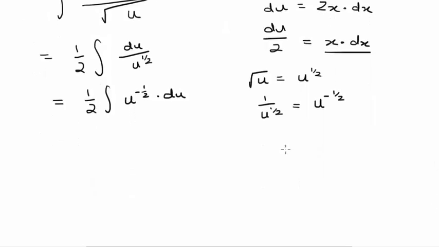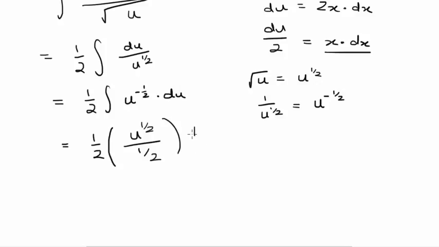And now, really, it's just a simple integral that we can solve, right? So it's going to be half times, and I'm just going to put the brackets to signify a multiplication operation. We raise the power by 1, so negative half plus 1 is positive half. And then we're going to divide that by half as well, right?